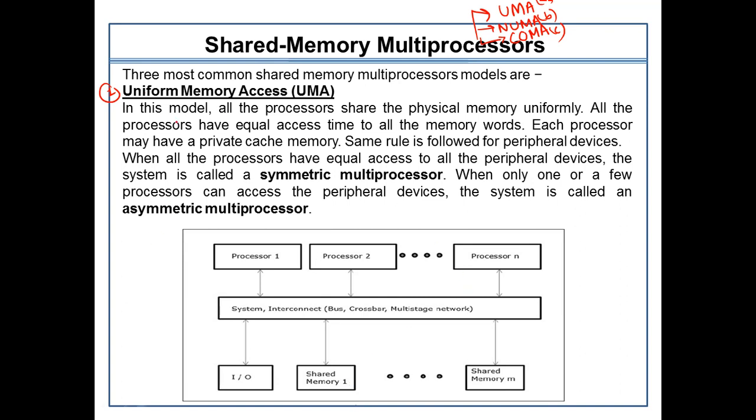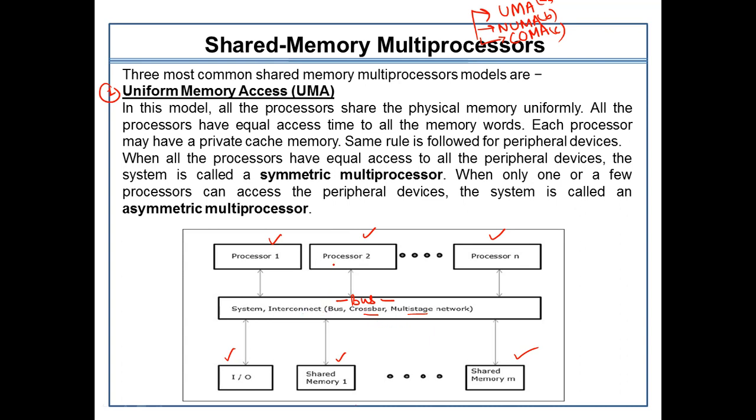So here we are going to describe the uniform memory access. You can see that this is the bus or the channel through which the different processors will talk to the shared memory, along with any peripherals. The bus system can also use a crossbar or a multi-stage interconnection network.